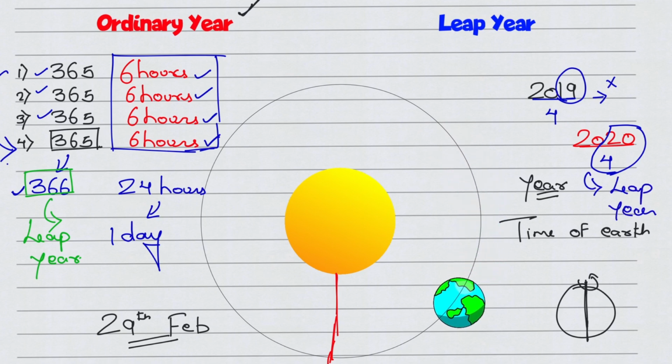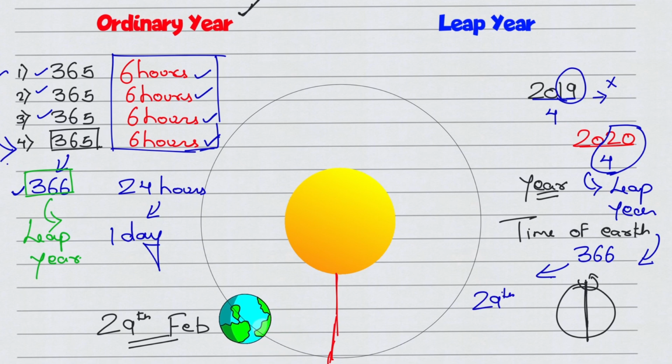What do you mean by this? It will have an extra day. It will have 366 days. And that extra day will be 29th of February, and that's how simple it is. So now you know what is a leap year and what is a non-leap year or an ordinary year. How do you find out whether a year is a leap year or not? You just divide it by 4, and if it is divisible, it's a leap year.